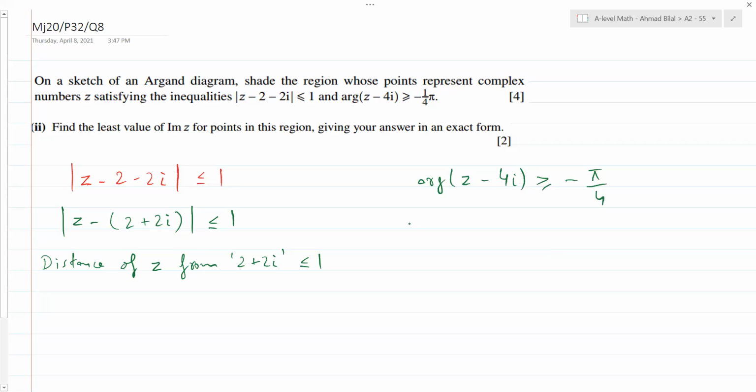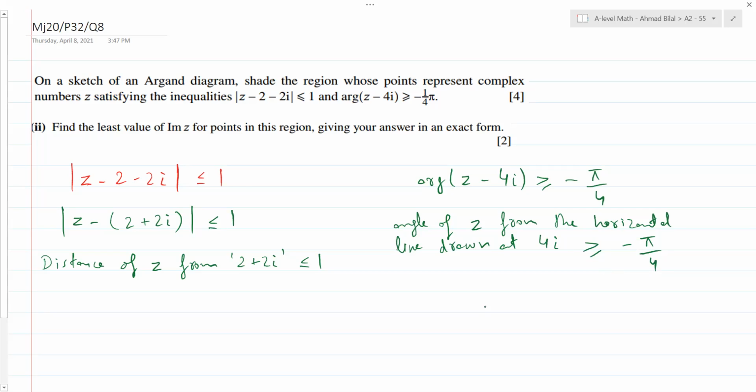So we're talking about the argument, the angle of z from 4i, or we actually say from the horizontal line drawn at 4i, is greater than or equal to minus pi over 4.